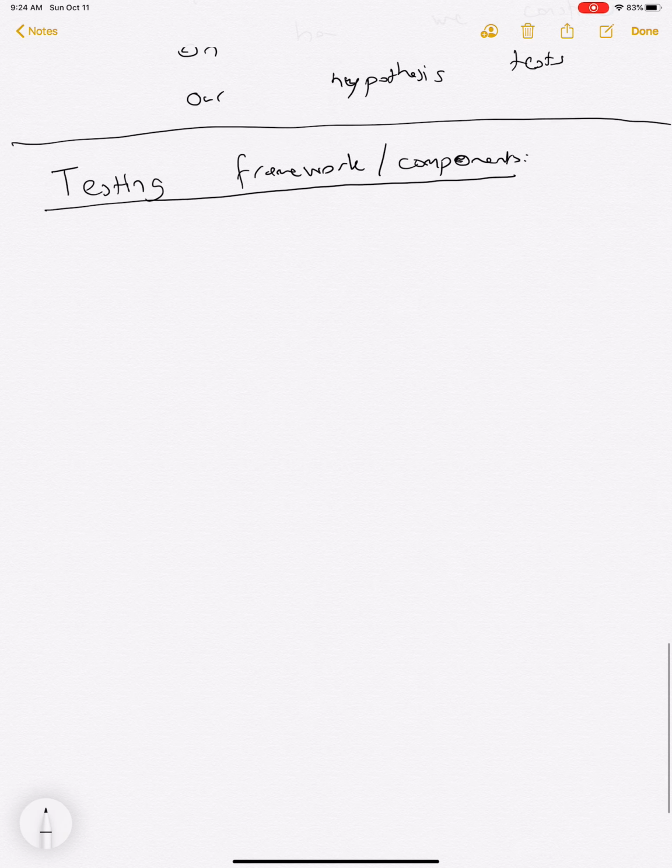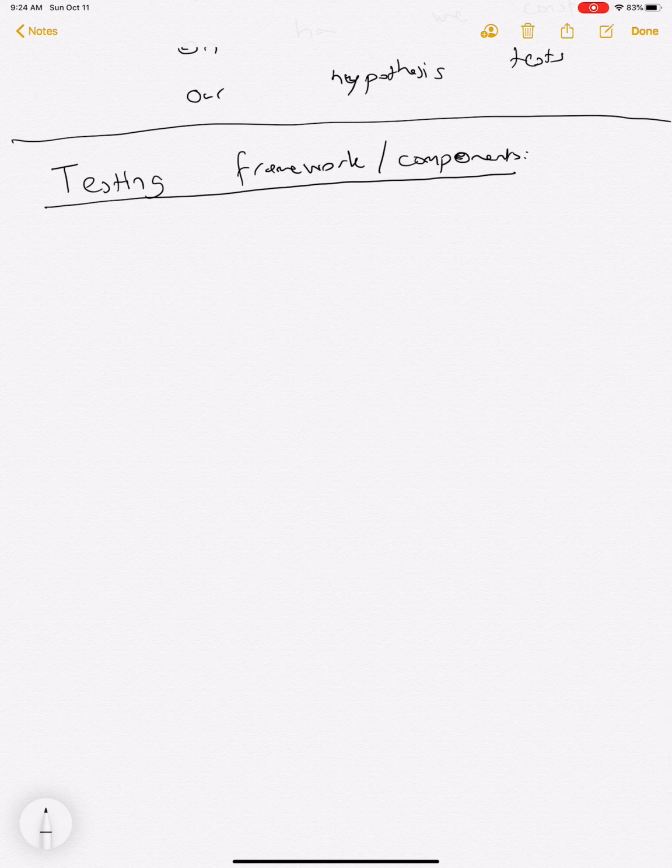What I'm going to do is introduce the basic testing framework and the components of our hypothesis testing framework, and also give some intuition behind these various concepts. I think the easiest way to give intuition is to have an example in the background that we can always relate back to, because that makes these definitions a little more concrete.